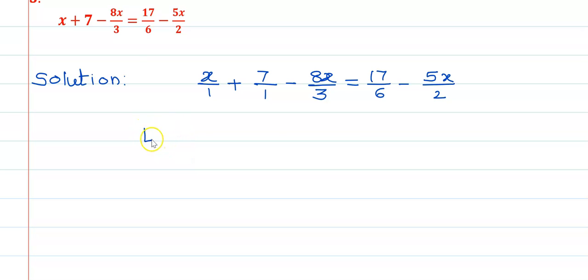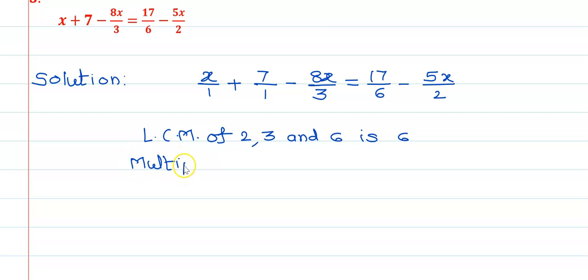Therefore the LCM of 2, 3, and 6 is 6. Therefore multiply this expression by the number such that to the denominator you will get 6, or also you can multiply this whole expression by 6. Therefore multiply this whole expression by 6.